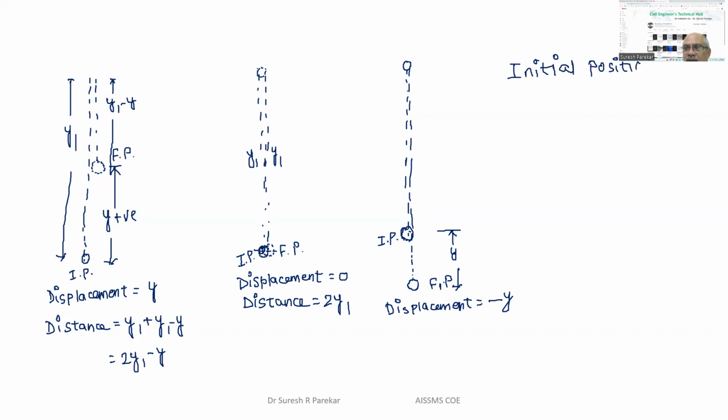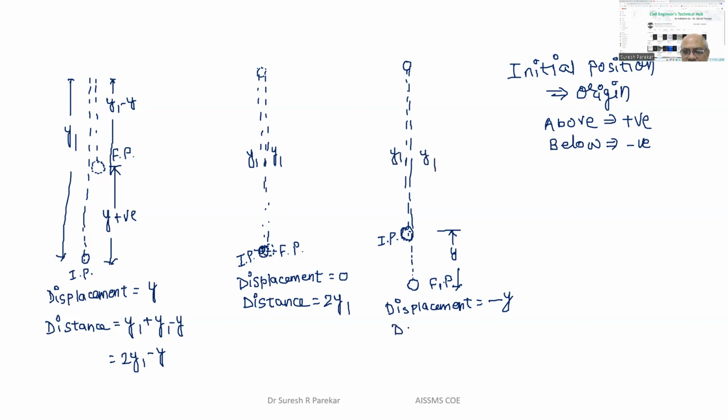If my final position is above the initial position it will be positive, and if it is below the initial position, meaning below the origin, then it is negative. And this again I will consider y1.